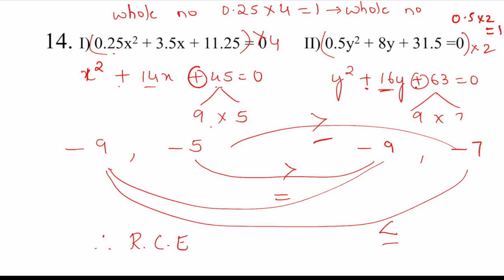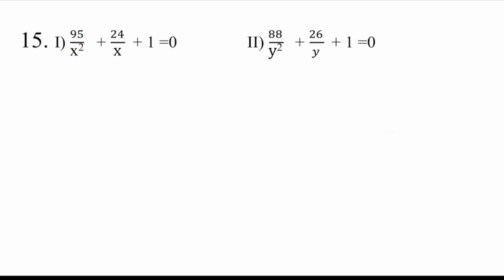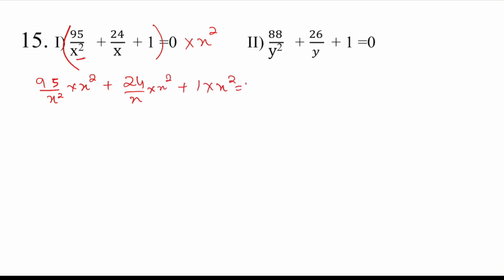Now we will see the last problem. When you have division, you have to eliminate this denominator. To eliminate this denominator, multiply the whole equation by x square. Then what you will get, 95 by x square into x square plus 24 by x into x square plus 1 into x square is equal to 0.